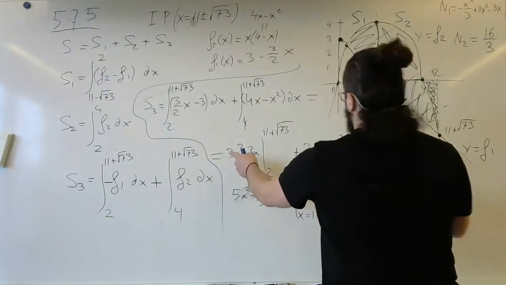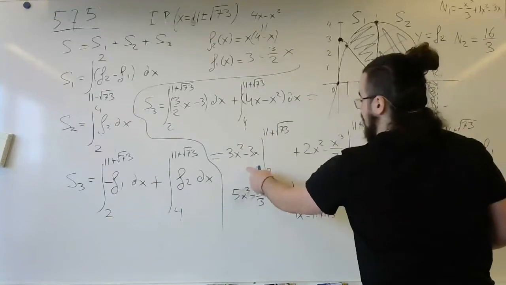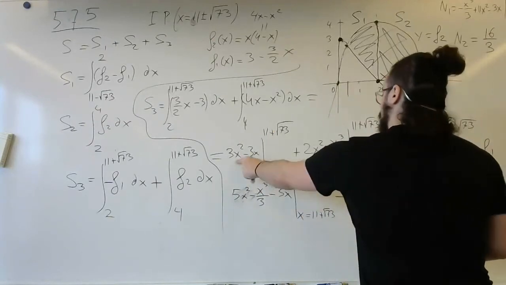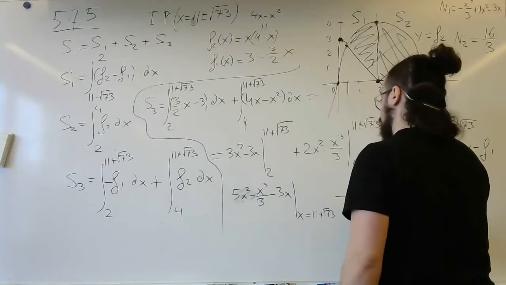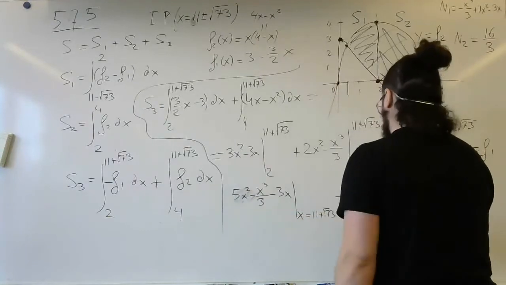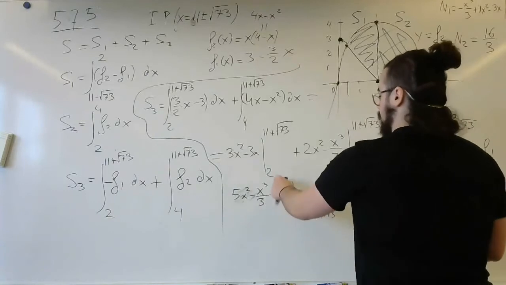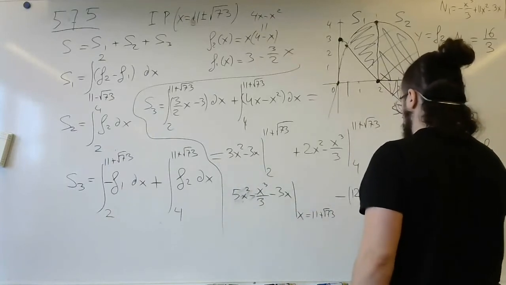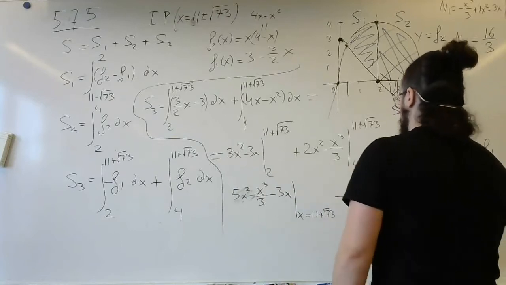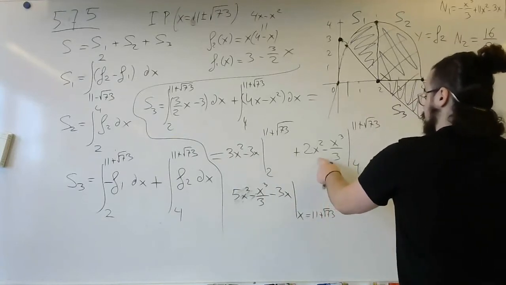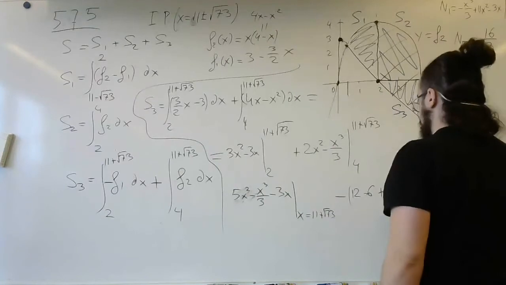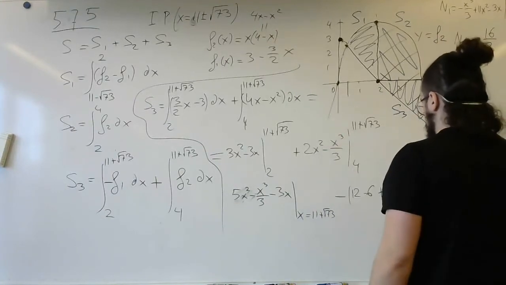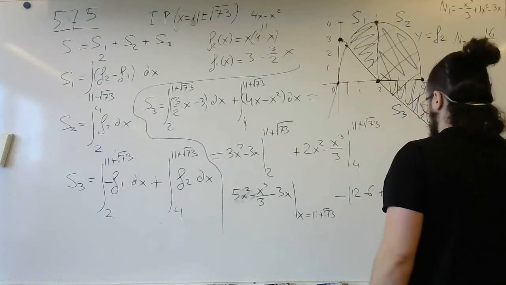I sum these two expressions, then I take a difference with what is below. What is below here is 3 times 4, which is 12, minus 6. And we keep doing the difference. 2 times 4 is 8. And this is 64 thirds.